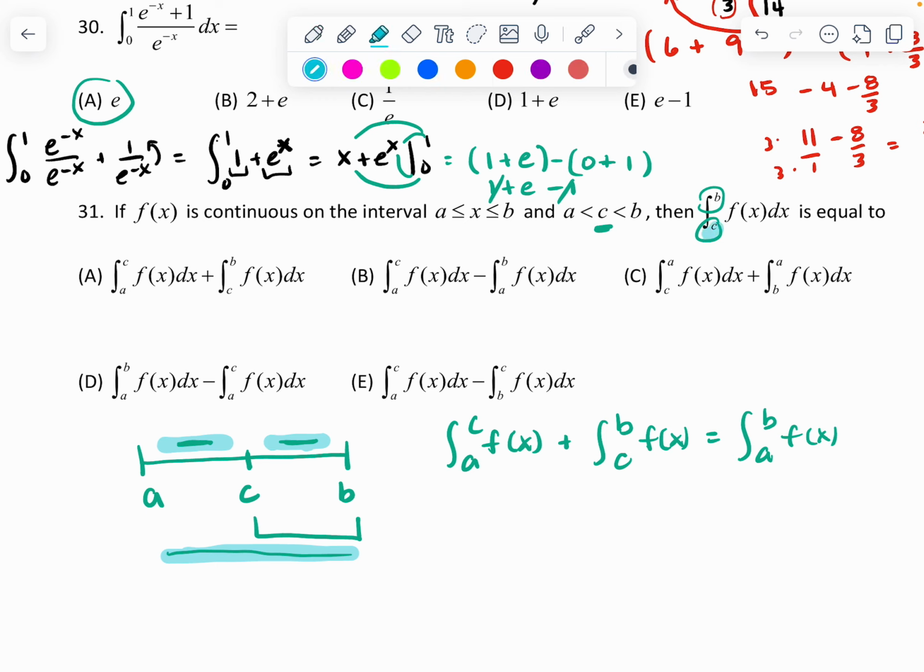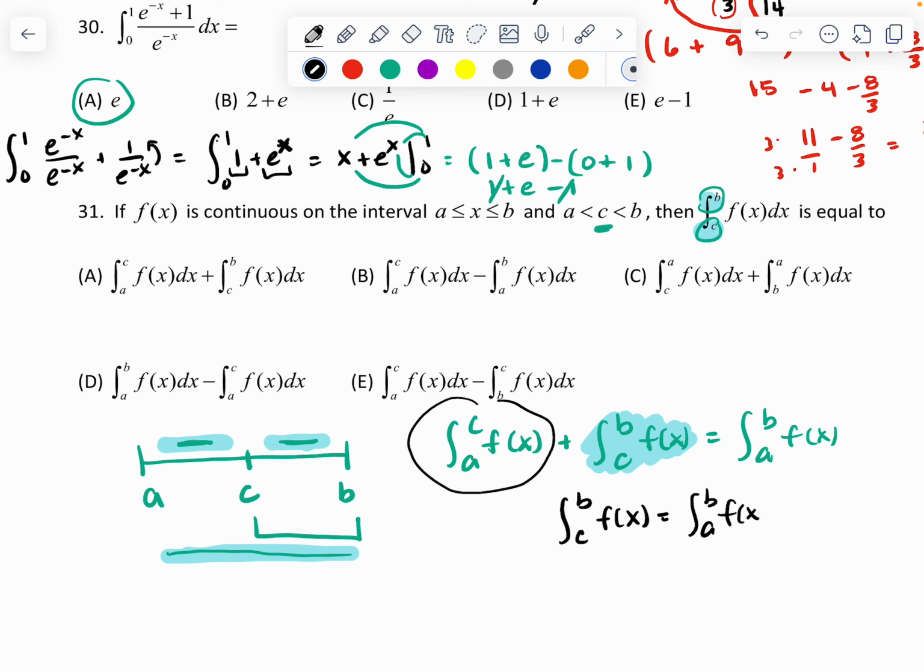I'm looking for the integral from c to b. So I need this to be all by itself. So how do I move this little dude to the other side? I do it by subtracting. So the integral from c to b of f of x is going to be the integral from a to b of f of x minus the integral from a to c of f of x. And I believe that is D.